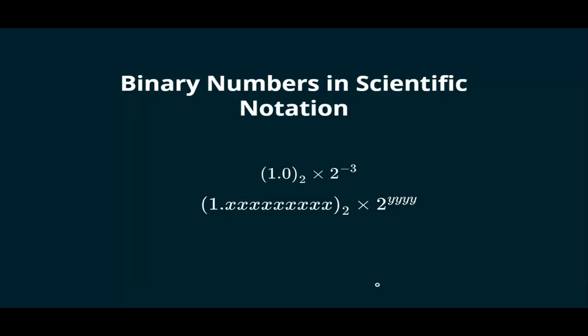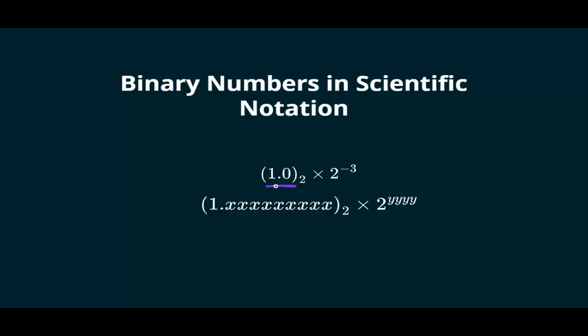Binary numbers can also be expressed in scientific notation just as decimal numbers. For example, this is a binary number with no leading zero. That means to the left of the decimal point, there aren't any zeros.